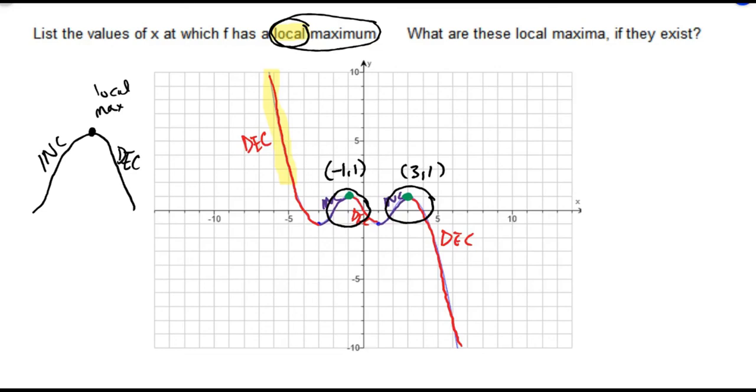So our function has local maximum at x equals -1 and 3, and the local maximum refers to the actual largest y value in that localized area, and that is 1 for both ordered pairs. So we have two localized maximum at x equals -1 and 3, and the local maxima is 1.